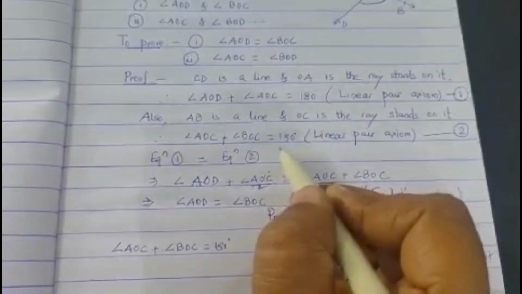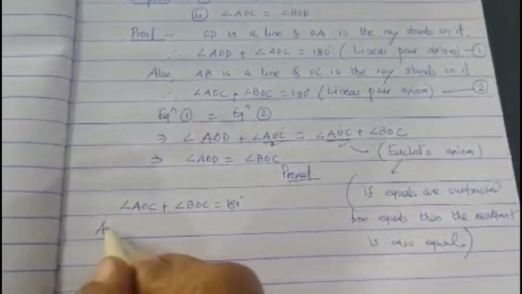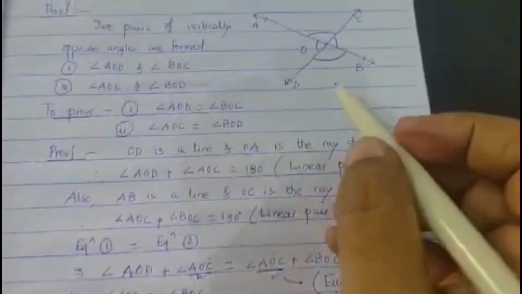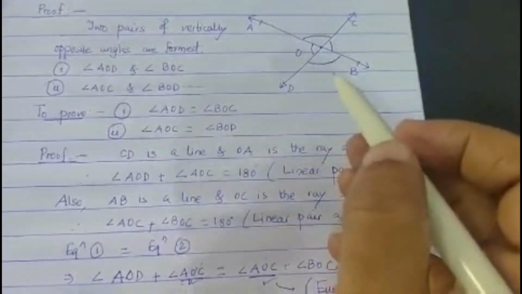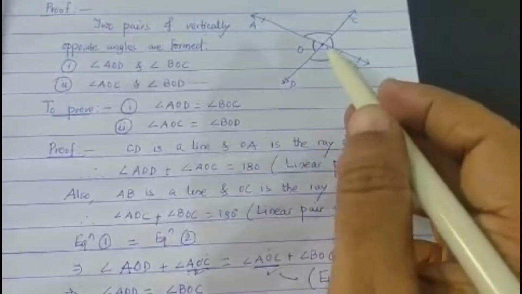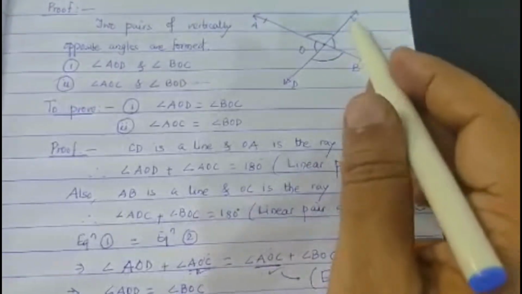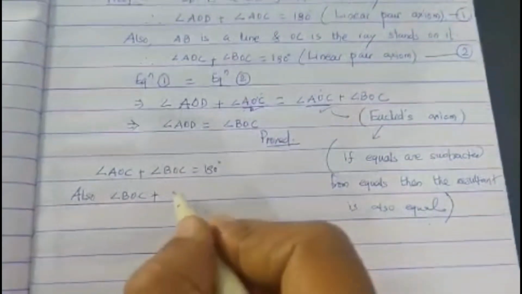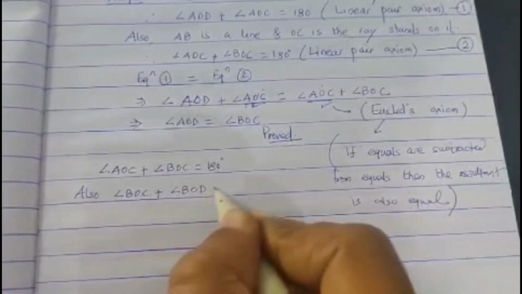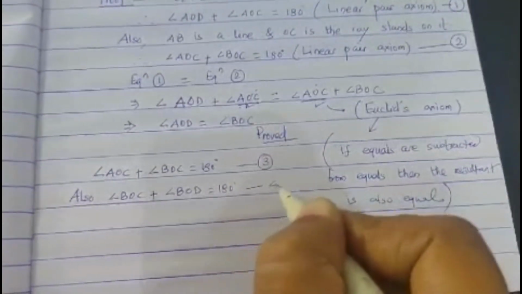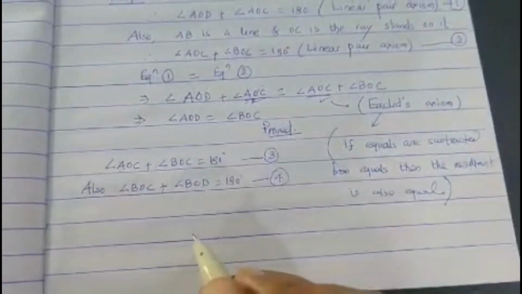Also angle BOC plus angle BOD, this is also 180 degrees, because ray OB stands on the line CD. Let us consider it equation 3 and let us consider it equation 4.